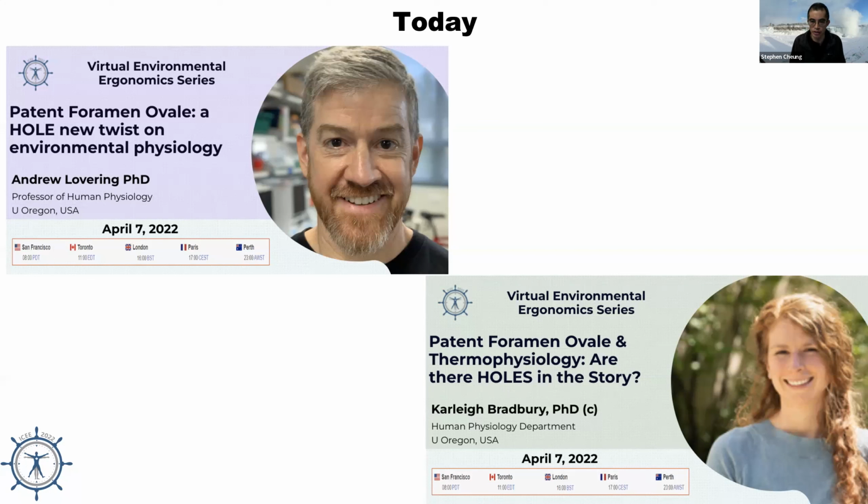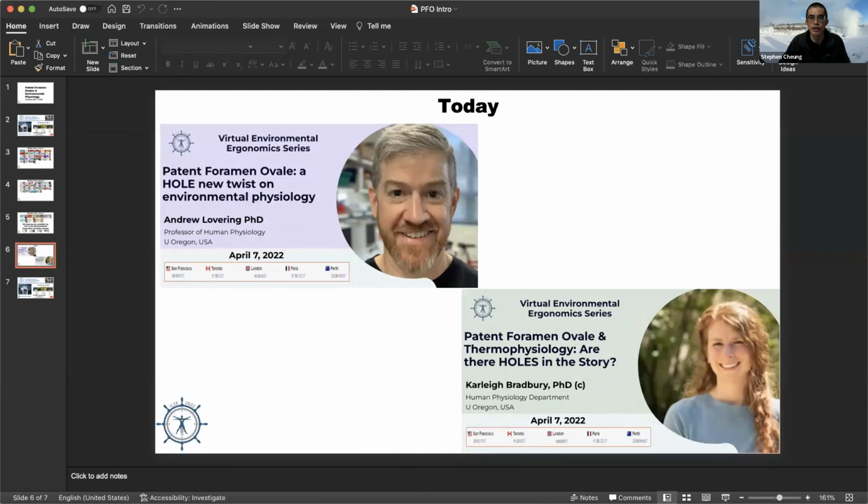Then Karleigh is going to transition more towards a talk on its effect on thermal physiology. As always, you can interact with us with the Q&A tool. After each talk, we'll have a moderated Q&A session before we move to the next talk. So with that, I will stop sharing my screen. And Andrew, you are welcome to take it away.